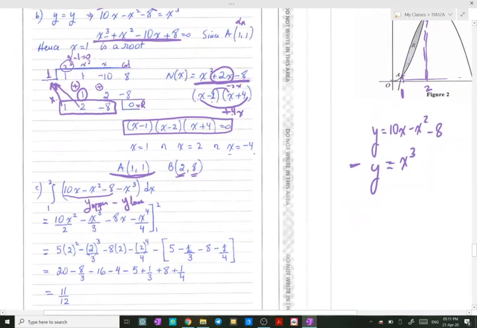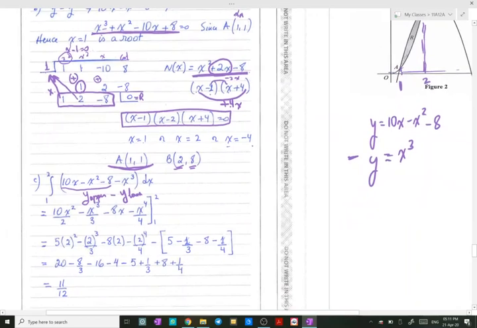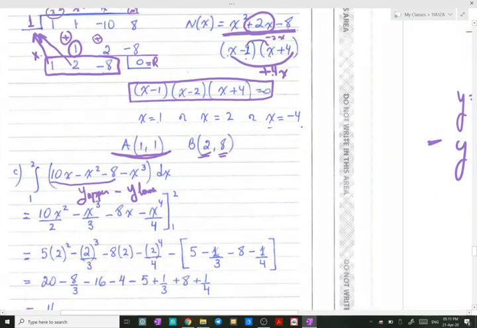So integrating, we're going to get 10x squared over 2, because you add 1 to the exponent and you divide by the new exponent. Then minus x cubed over 3, then plus 8x over 1, and minus x to the 4 over 4.